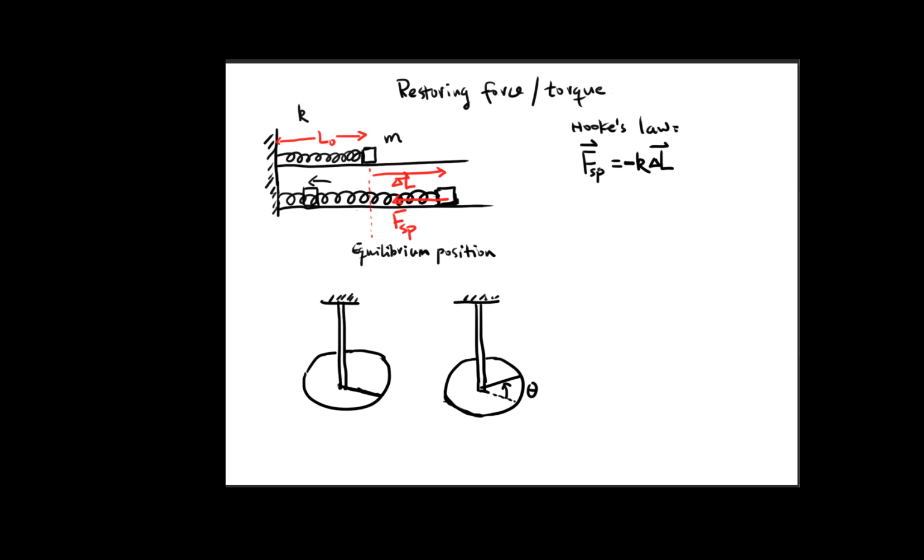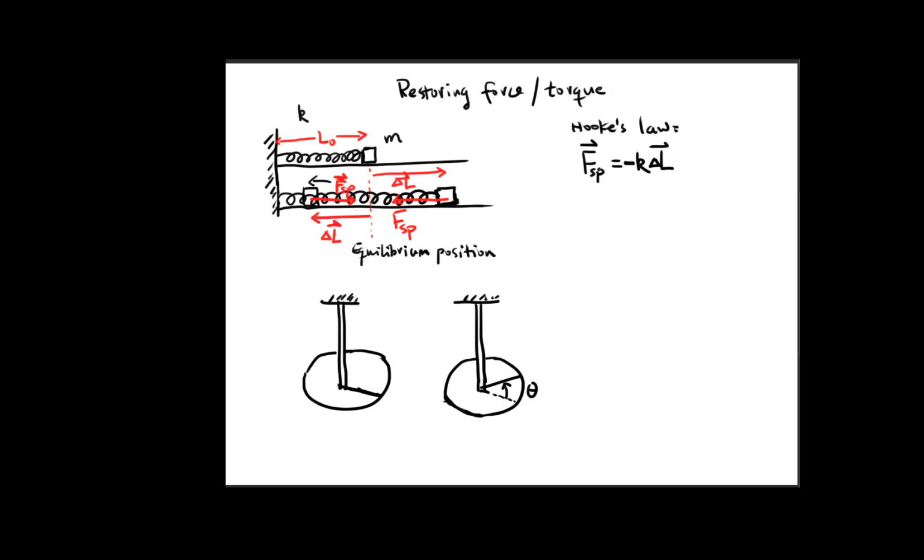In that case, now the displacement for the object is delta L, and this delta L is to the left side. And the spring force now is going to push this mass M toward the equilibrium position, and that direction is again pointing toward the equilibrium position. Okay, so that's the restoring force for a spring system that is doing oscillation.